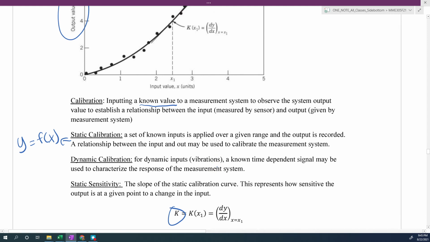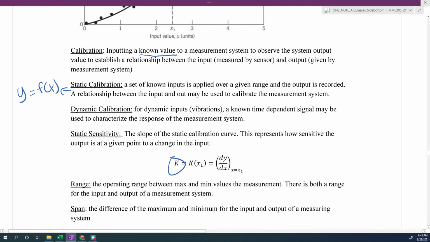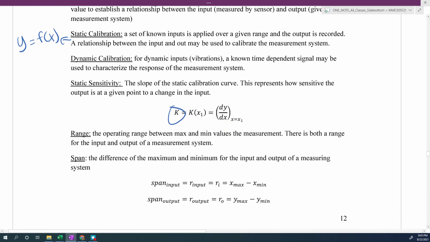The last few things we're going to talk about are the range of a system. The range is the operating range between the maximum and minimum values of the measurement. There's also a range for the inputs and outputs of a measurement.